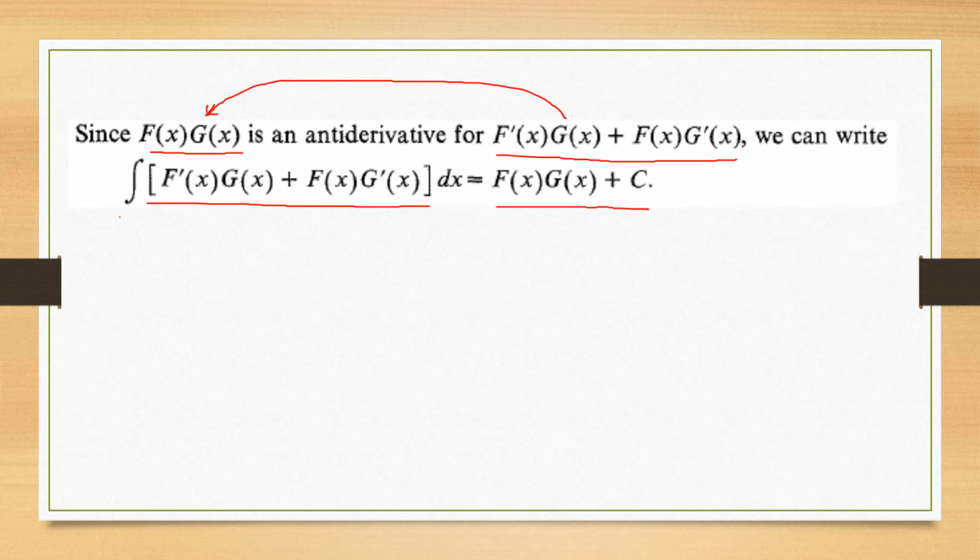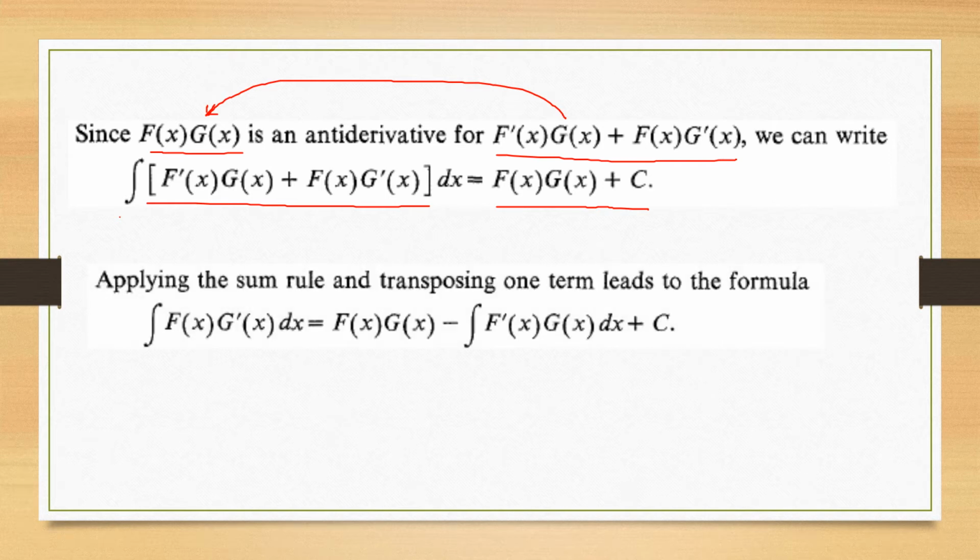Now we are going to develop a method of integration by parts. Let's see further. If we apply the sum rule and transpose one term, it leads to the formula.